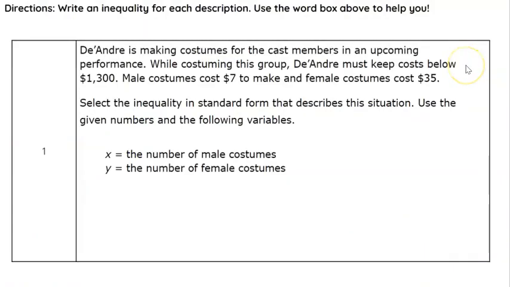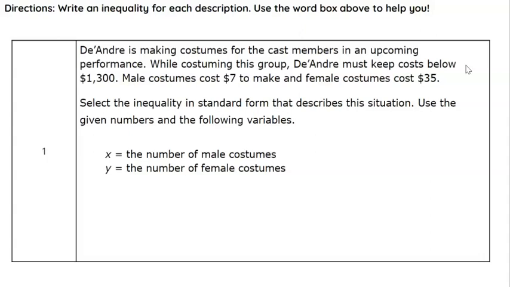So moving into practice, we're going to write an inequality for each description. DeAndre is making costumes for the cast members in an upcoming performance. While costuming this group, DeAndre must keep costs below $1,300. Male costumes cost $7 to make, and female costumes cost $35 to make.